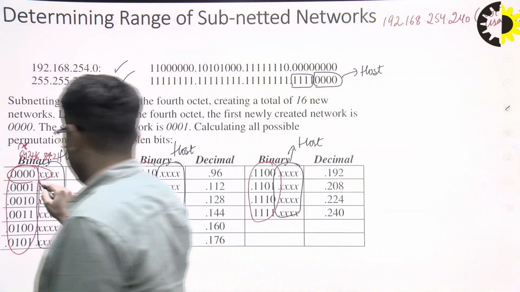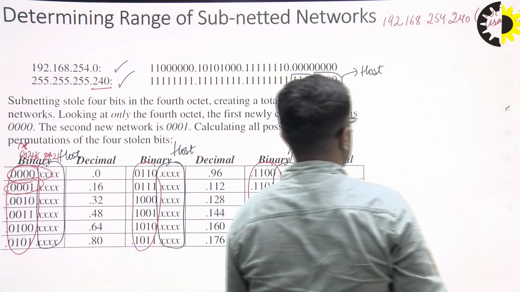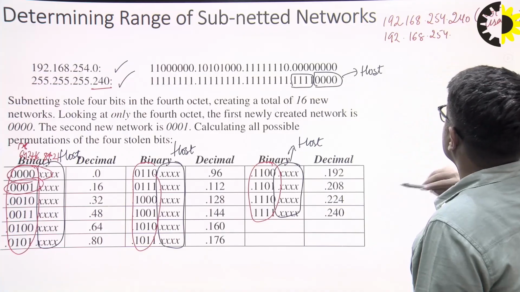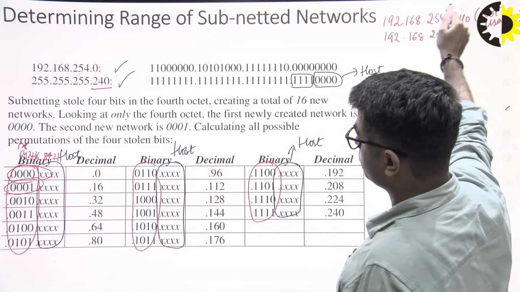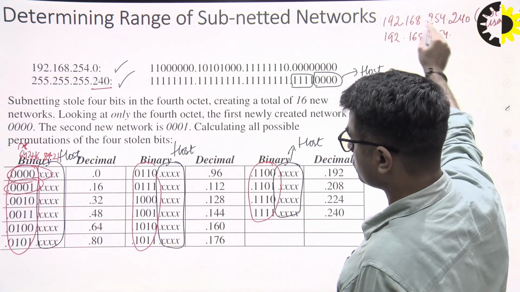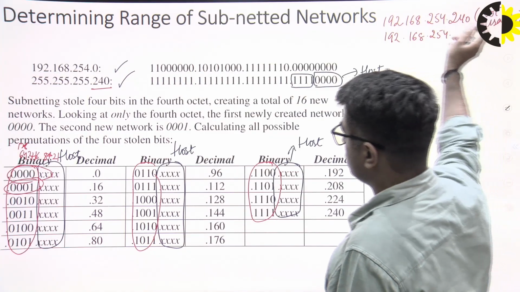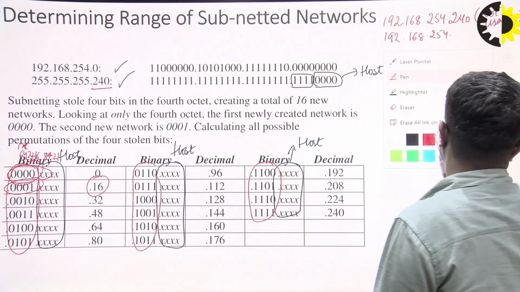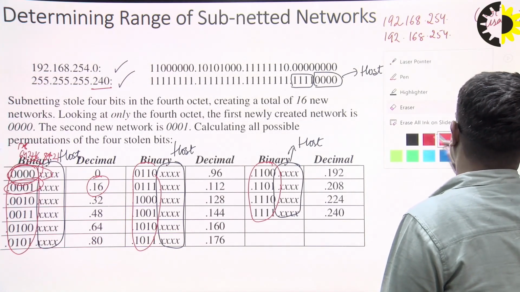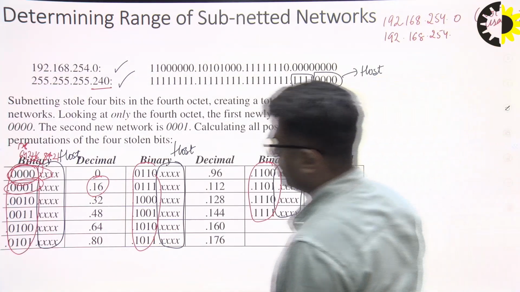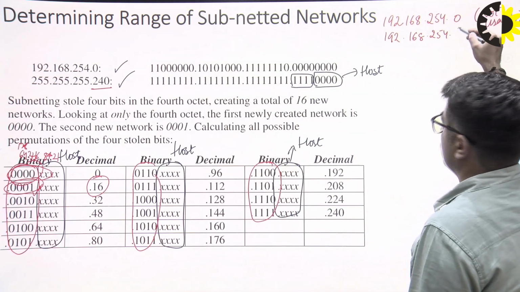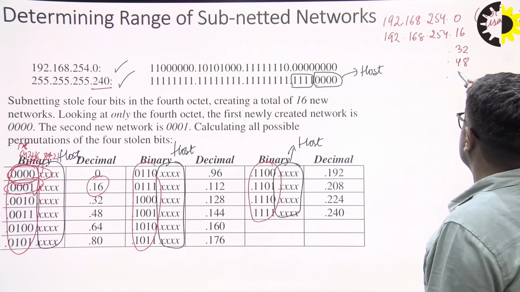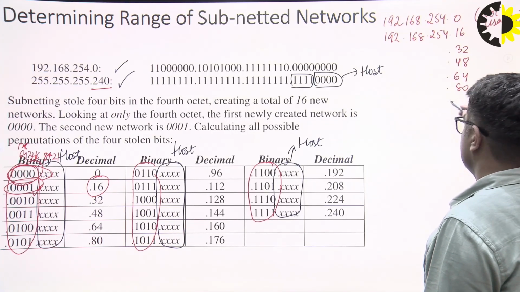The next network will be this one, 192.168.254 dot 240. Then, because the first was considered 0, the next will be 16, then 32, then 48, then 64, then 80, then 96.